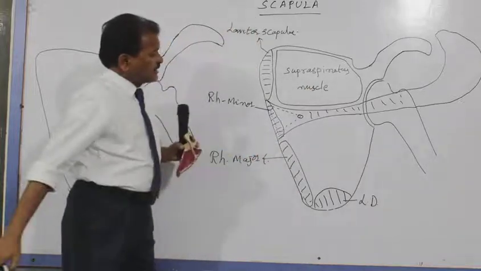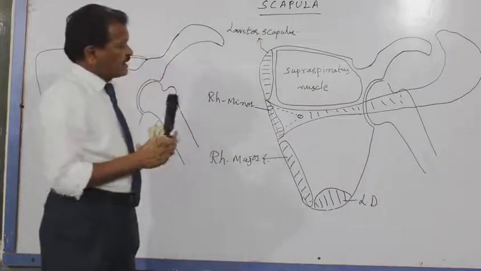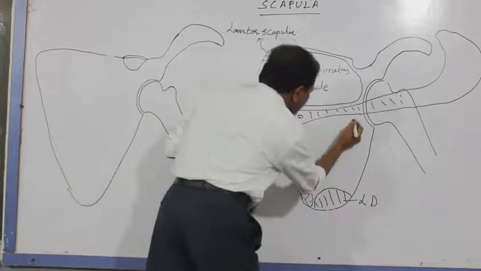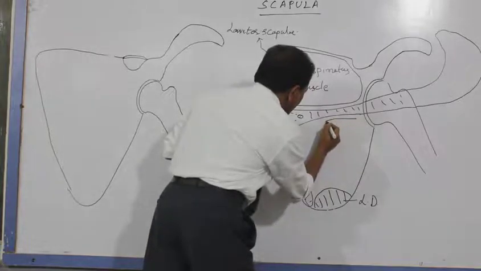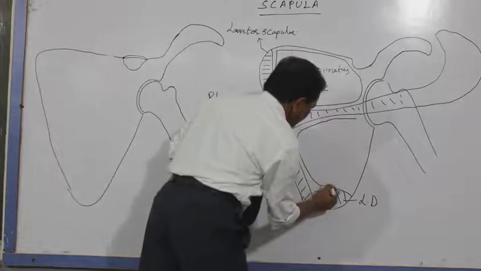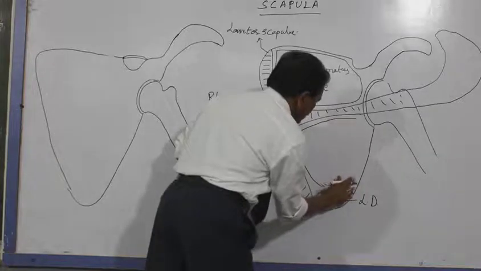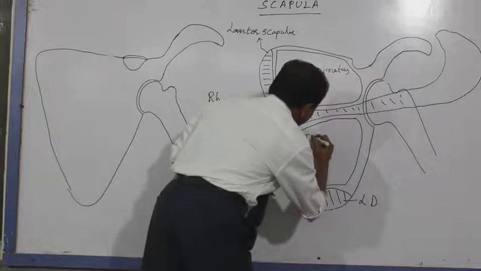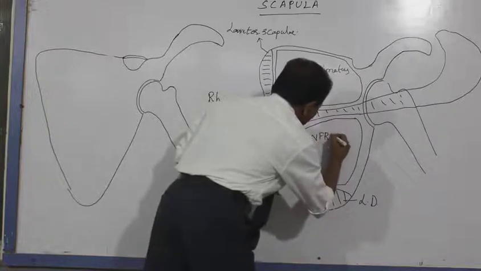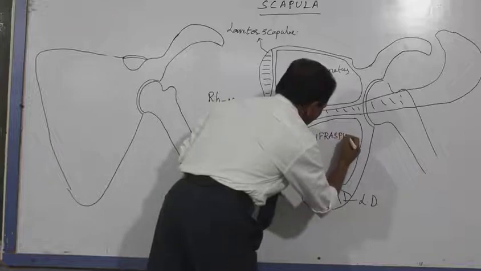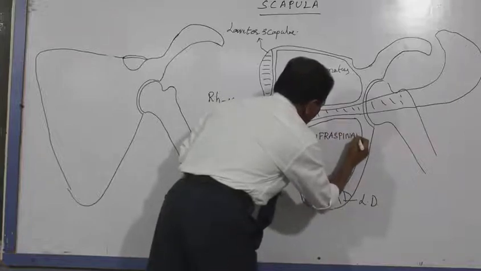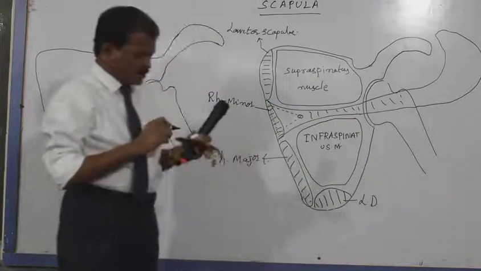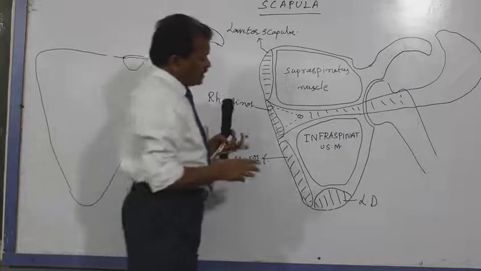And below this there is the infraspinatus muscle. The infraspinatus muscle originates from this entire area.